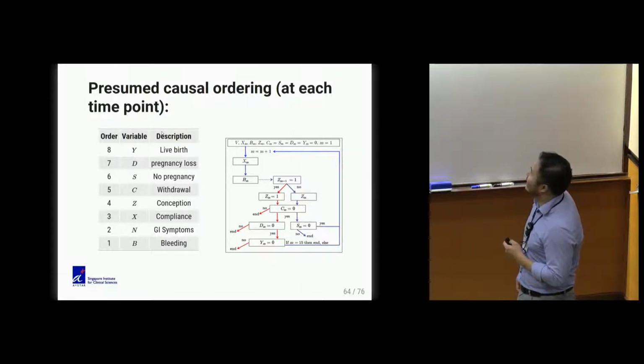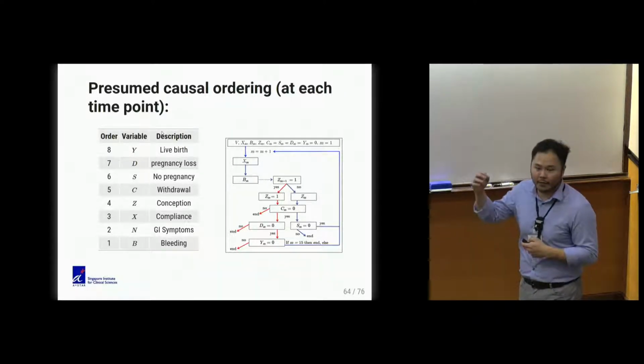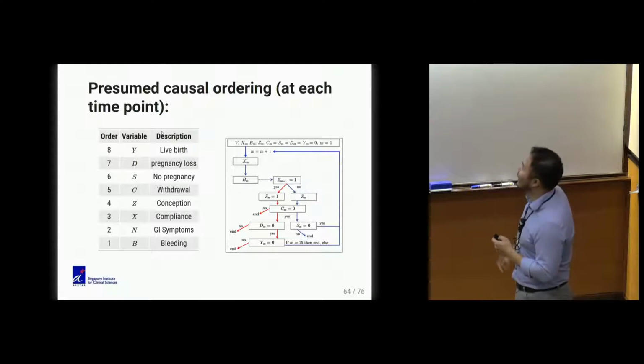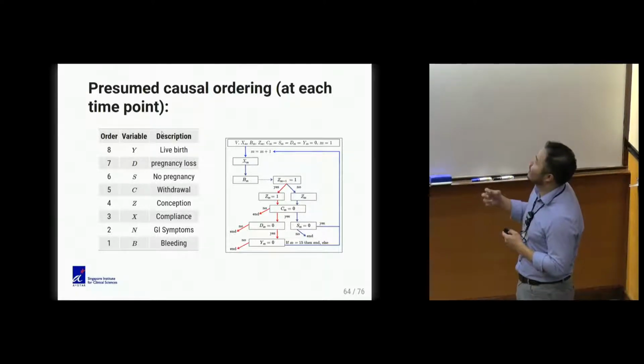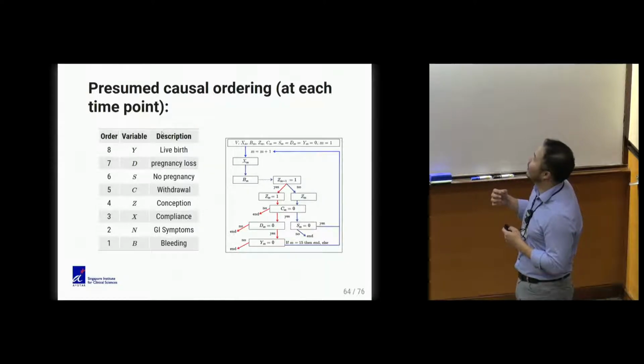The drug, if it has any effect, it may affect, so this whole thing is not a causal diagram. It's just a flow chart for trying to estimate this. So it's not that bleeding causes conception at this time point. It's just that you're following through to then estimate the next stage, which is, okay, compliance may lead to this. Then the next thing we estimate is whether or not a conception of a pregnancy happens at this time point.